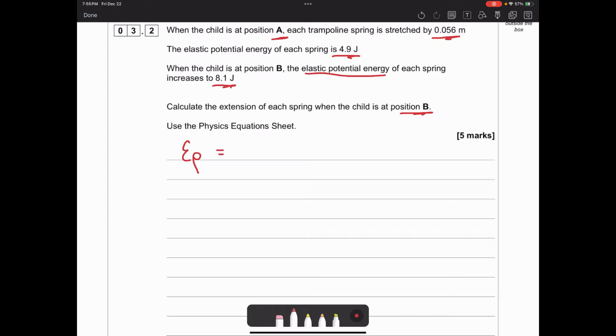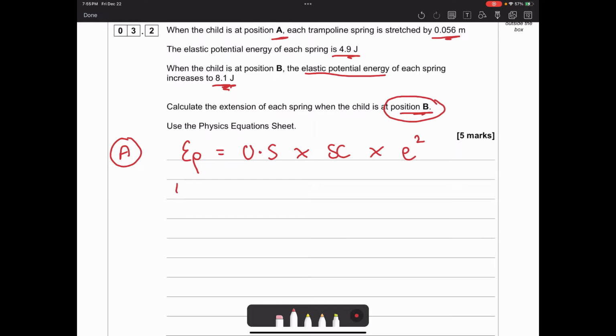So therefore your equation that you need is elastic potential energy equals 0.5 times the spring constant times extension squared. Now, you want to work out position B, but you've only been told one thing about position B, which is 8.1 joules.